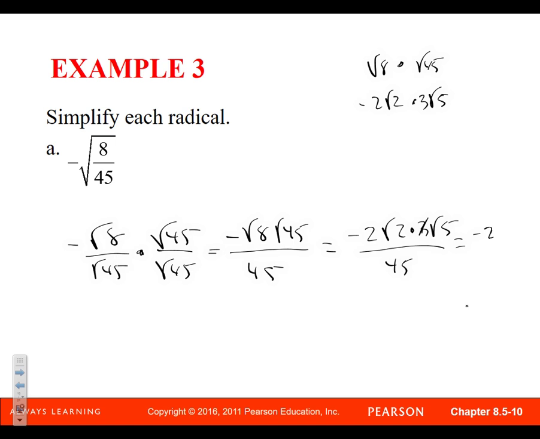So it'd be negative 2 radical 2 times radical 5 now, and then that becomes a 15 because I simplified the 3 and the 45. And of course, if you want to clean that up, that's negative 2 radical 10 over 15. So at this point right here, there's a bunch of different ways you could have gone. You could have multiplied the 2 and then broken that down, and then simplified them separately, whatever floats your boat. Whatever makes sense to you. Okay?